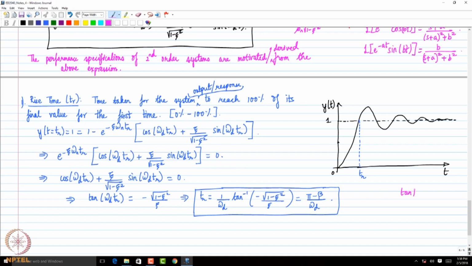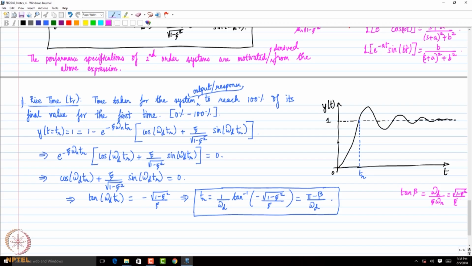So tan beta was omega d divided by zeta omega n. So this is nothing but square root of 1 minus zeta squared divided by zeta. Correct? But then I have a minus. So that's why we got pi minus beta.